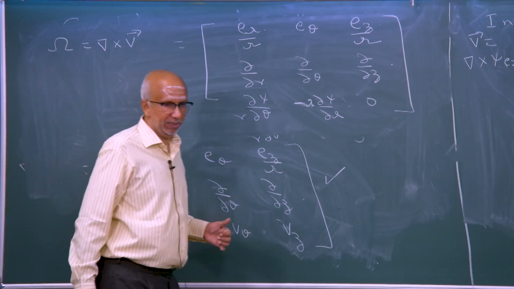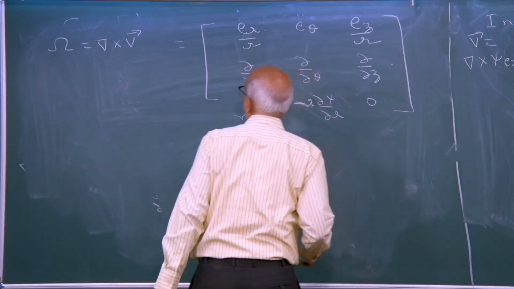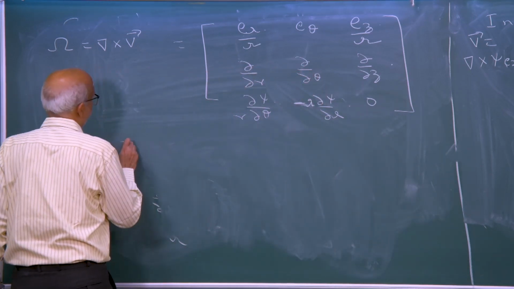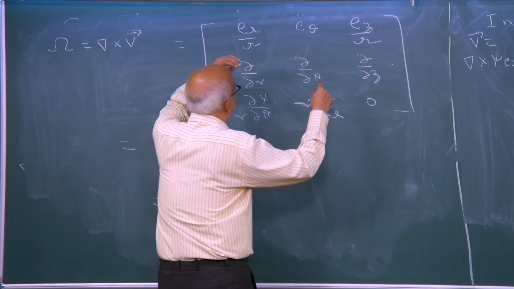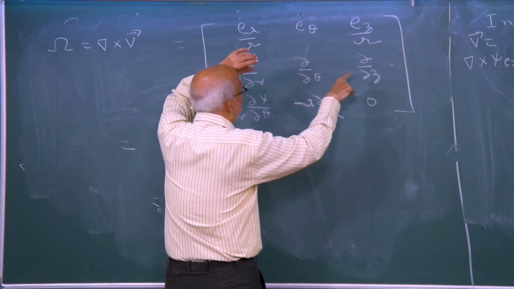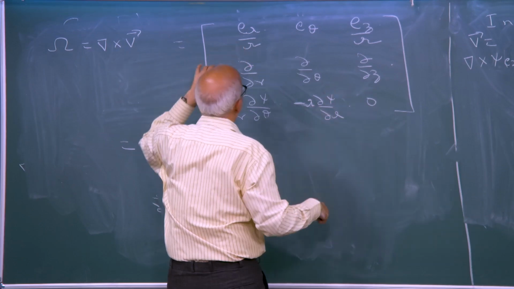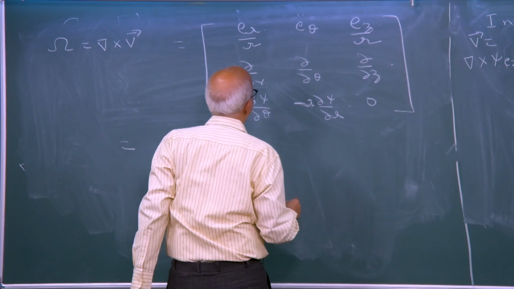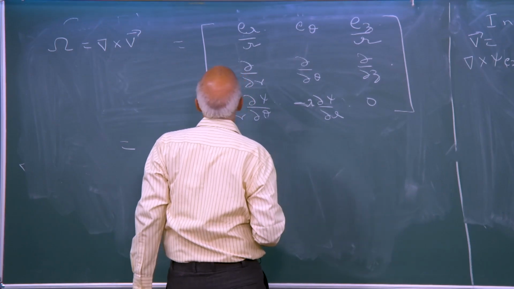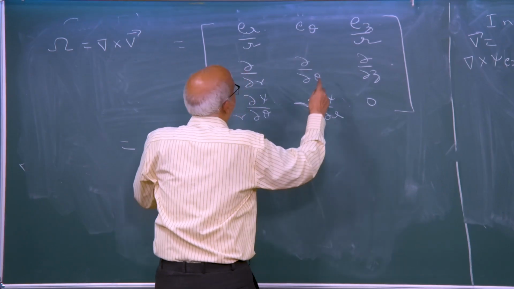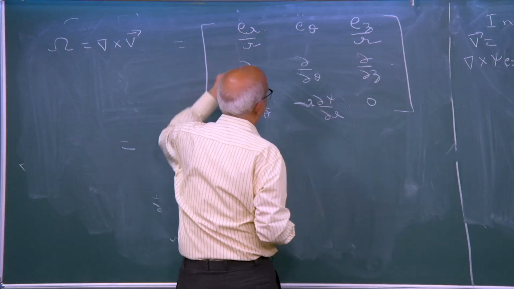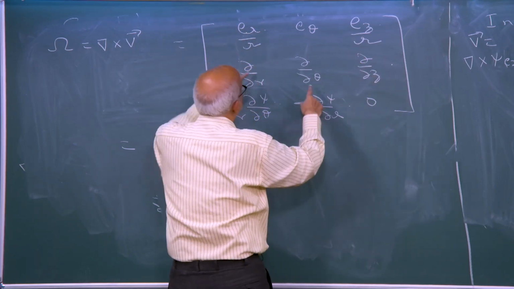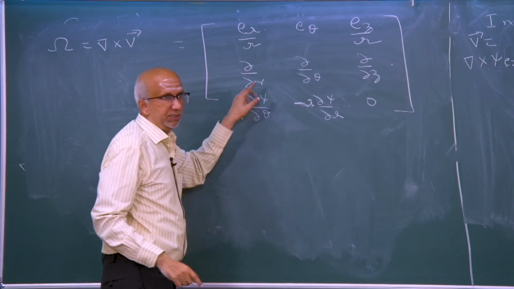Okay, now let us proceed. So what is curl of V? What is omega? There are no changes in the z direction because it's a 2D flow, right? So the E_r component will be 0, the E theta component will be 0. Is this clear?